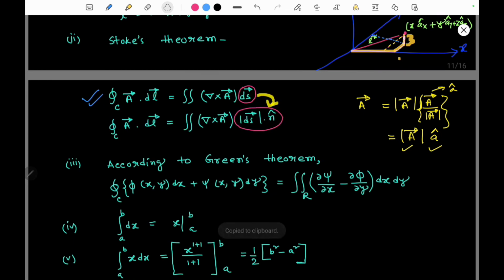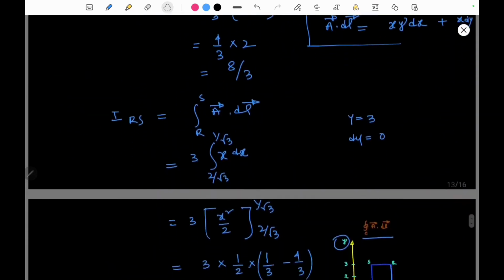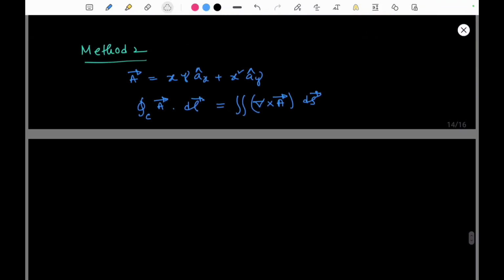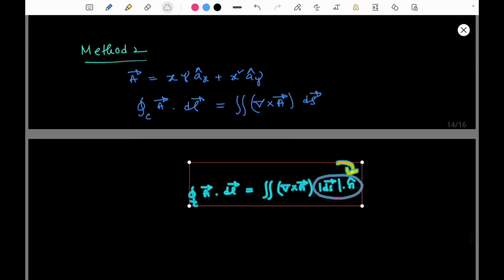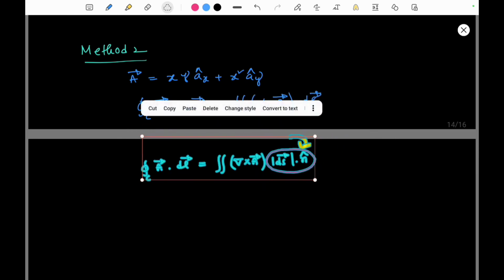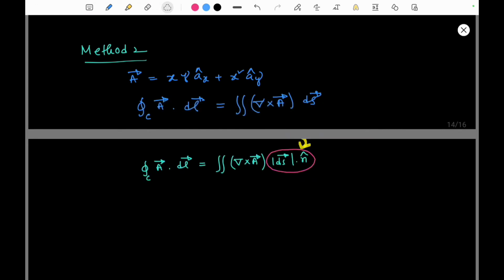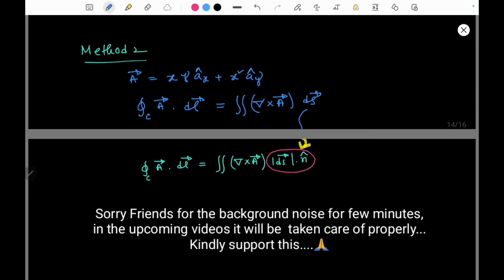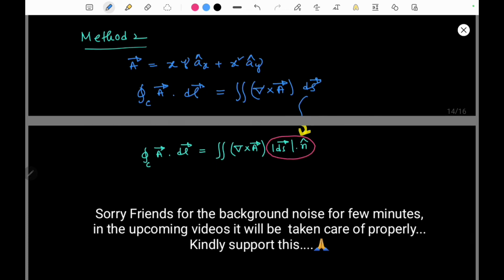Okay, let's see we can place in the proper place or not. No, here it's not possible, it seems. Okay, yes. So here we are seeing close integration a vector dot dl vector equal to double integration del cross a vector, and this ds vector can be written the mod of ds vector dot n cap, the directional vector.